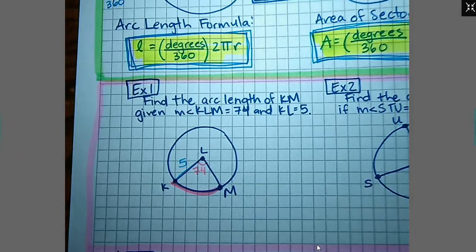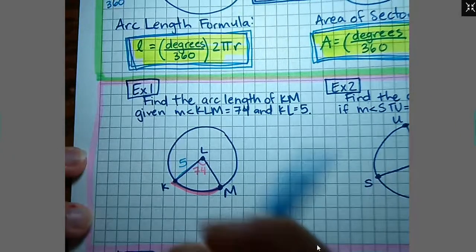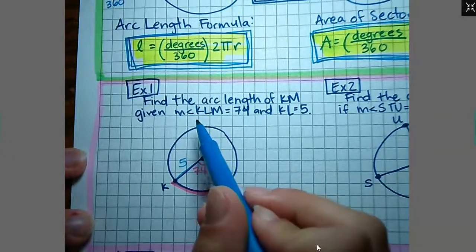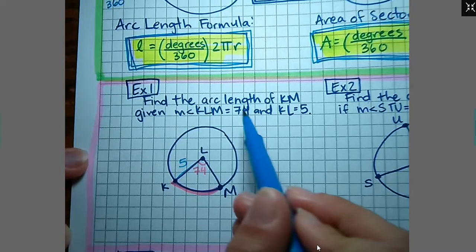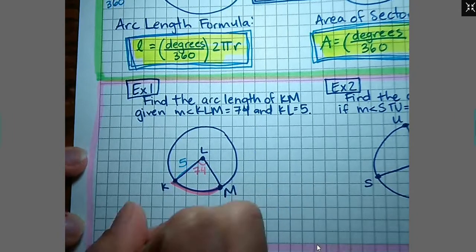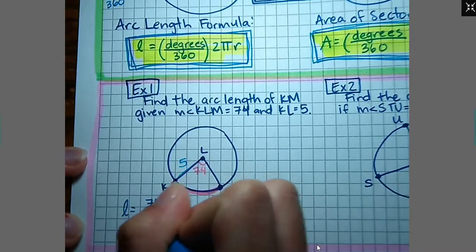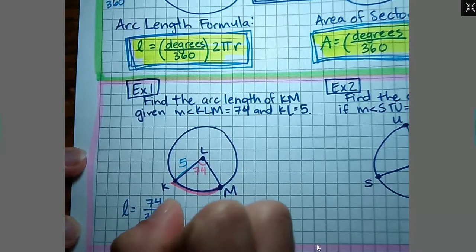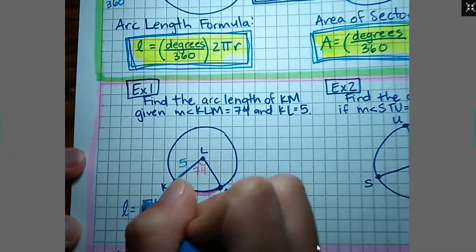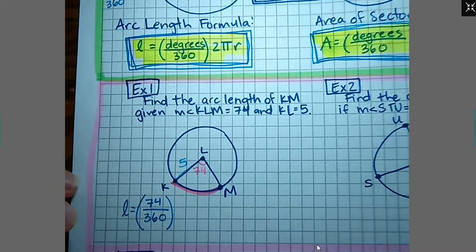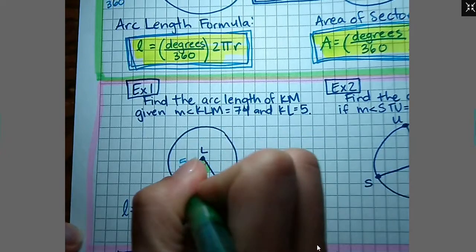All that we're going to do is take our degrees, which is the measure of KLM, so 74, divided by 360. That's what portion of the circle I'm looking at: 74 out of 360. So this is the sector I'm looking at right here.